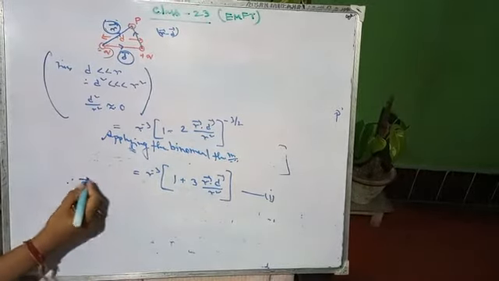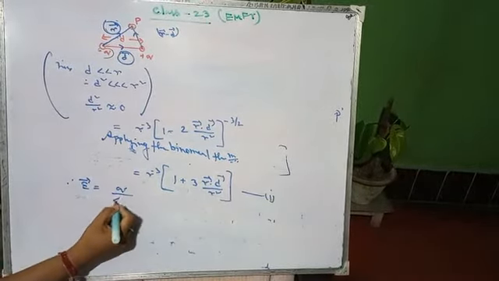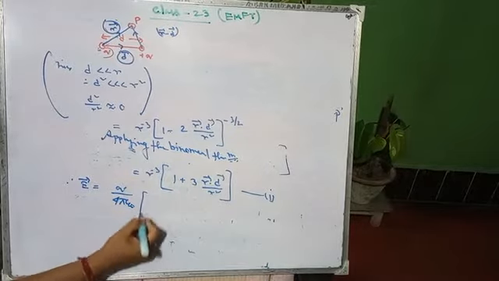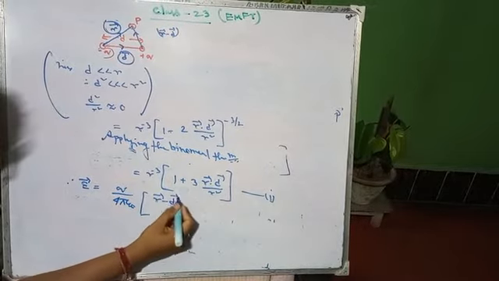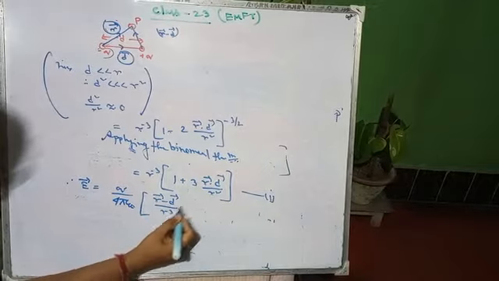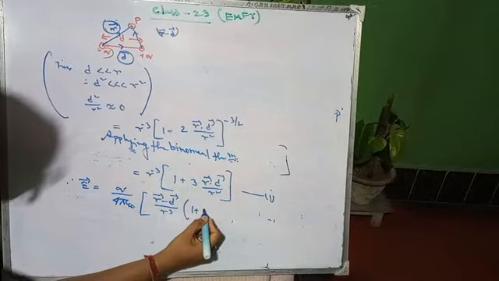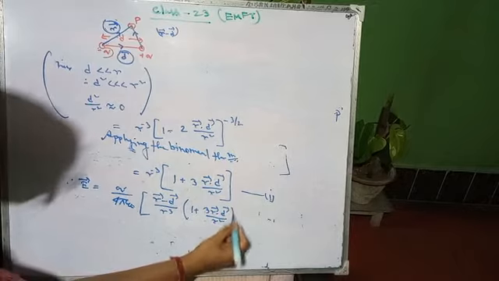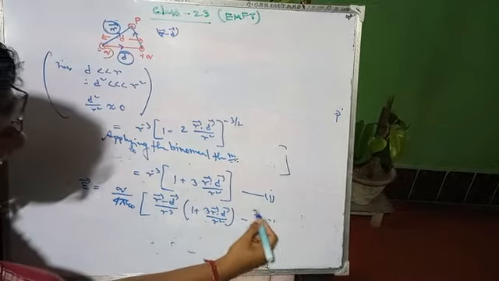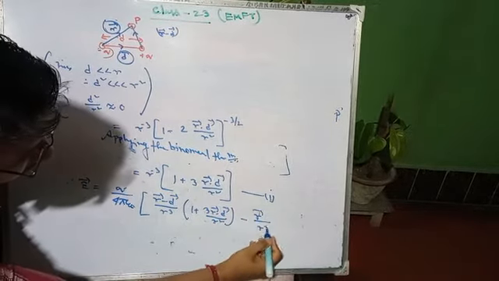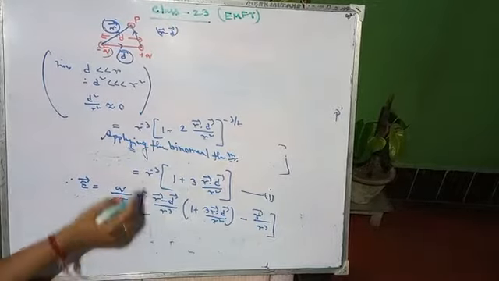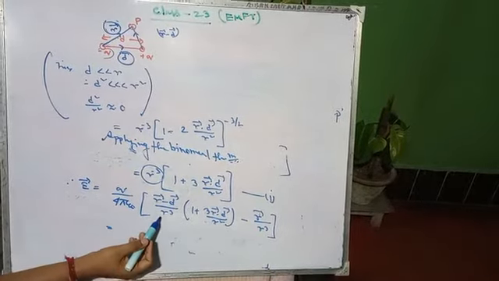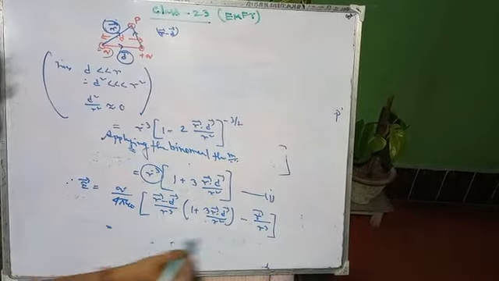So E equals q by 4 pi epsilon naught, by applying this one, r vector minus d vector by r cube multiplied with 1 plus 3 r vector dot d vector by r square, minus r vector by r cube, because here r to the power minus 3 comes in the denominator, so you are getting it this way.